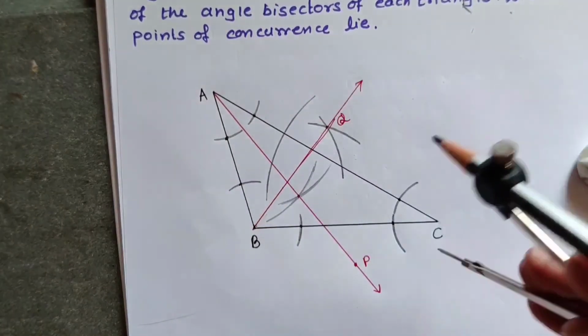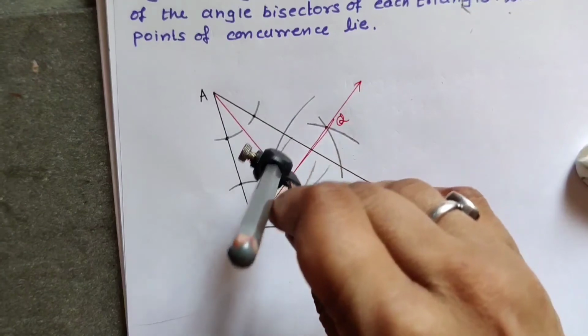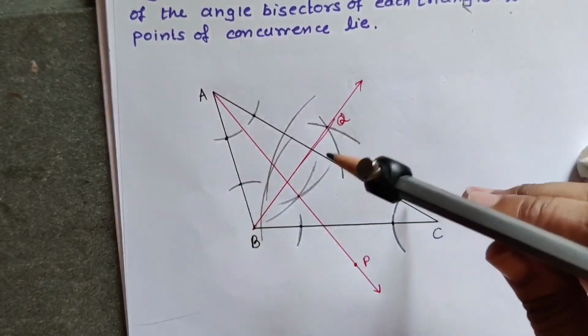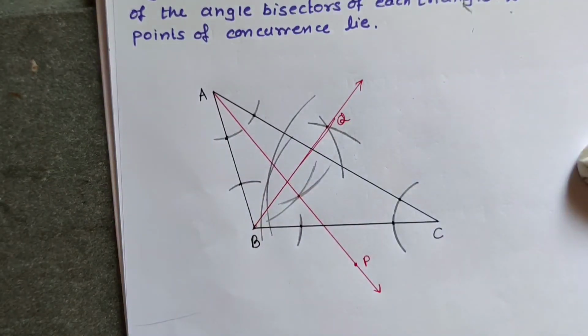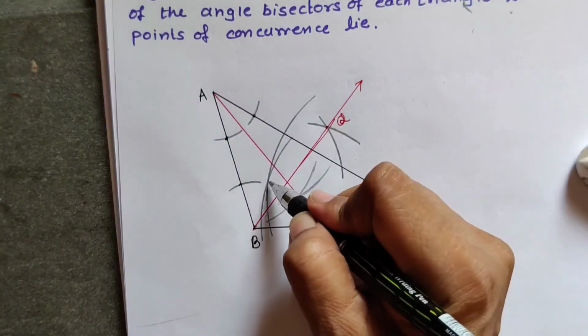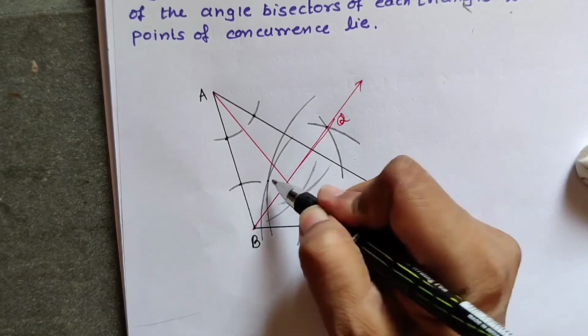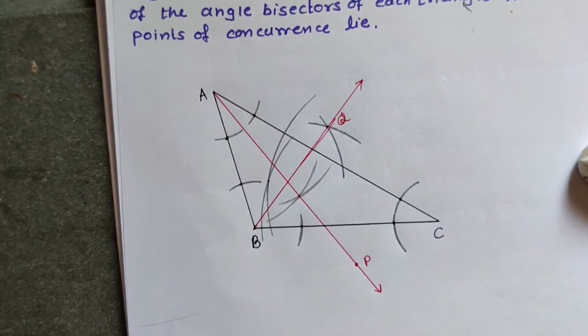This is one arc and in this way the second arc. Okay, let me make it a little bigger. So in this way I have got the other point of intersection here. Now I am going to join this point with vertex C.